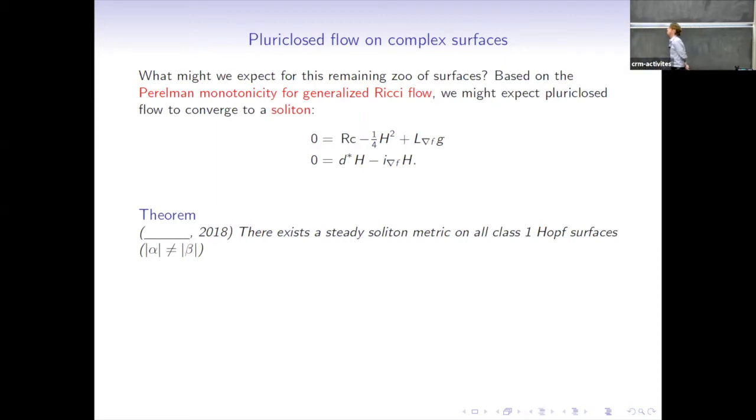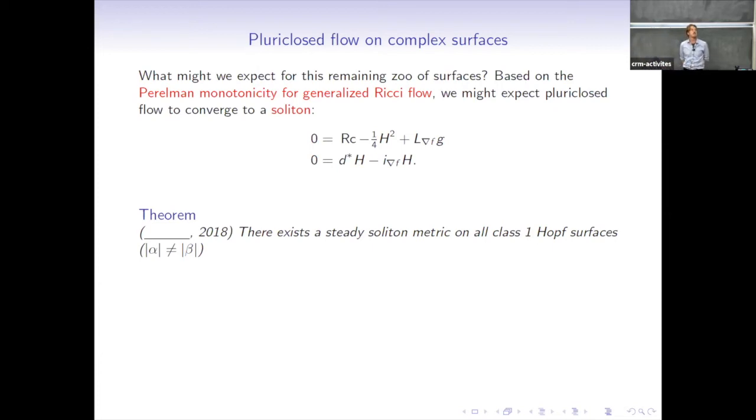So in 2018, using this point of view, we said they should exist on these class 1 Hopf surfaces. These are Hopf surfaces where you quotient by a diagonal matrix.